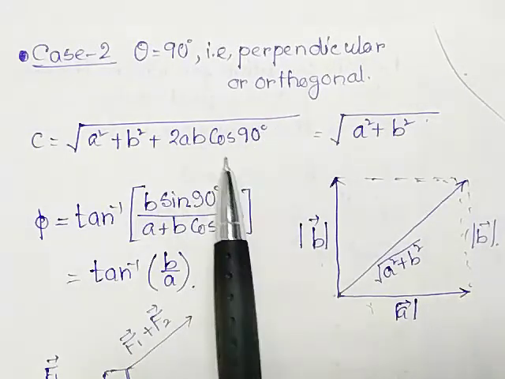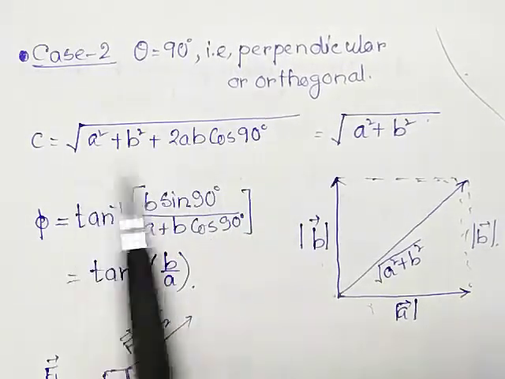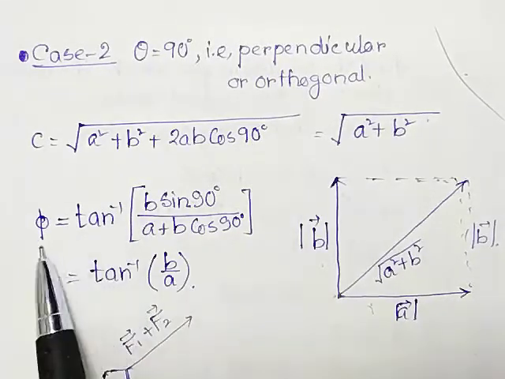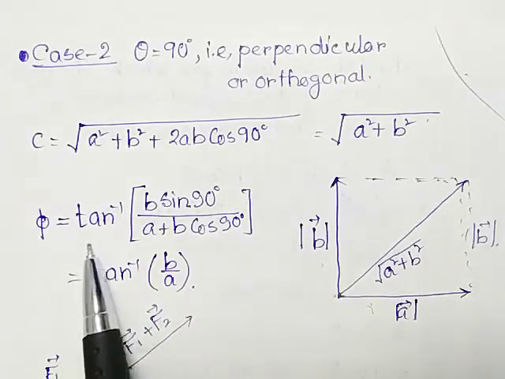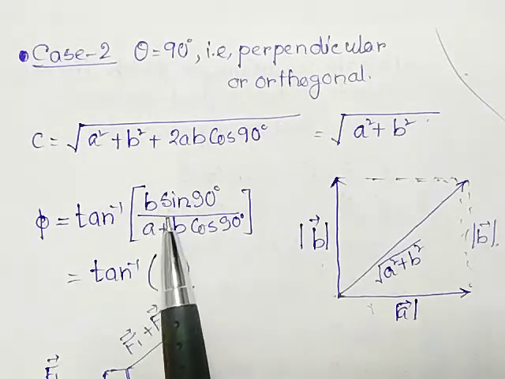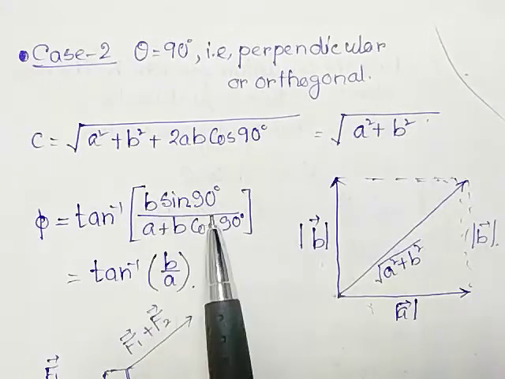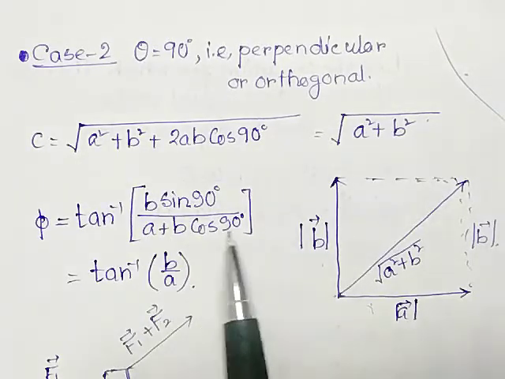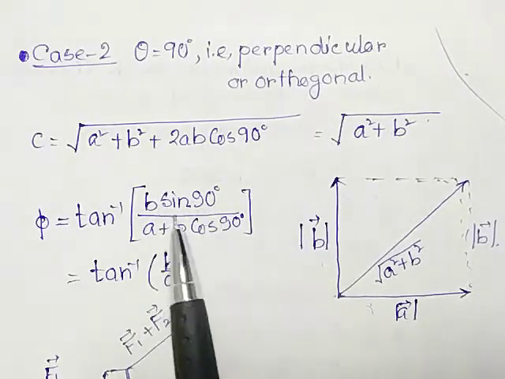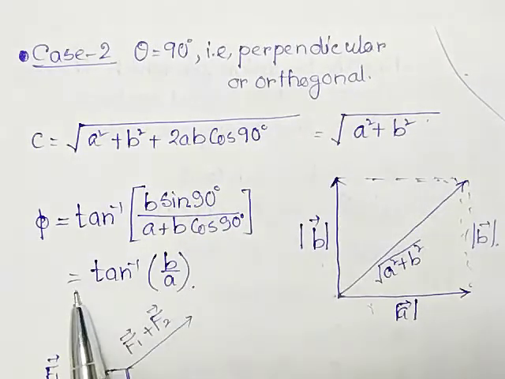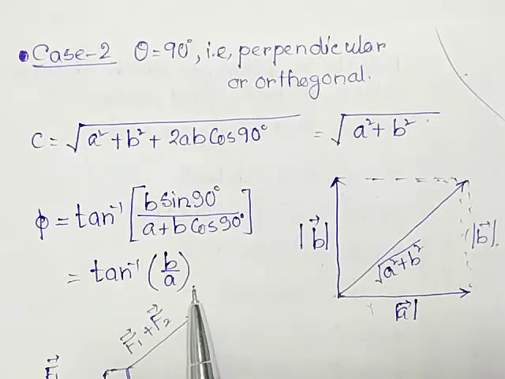The value of cos 90 degree is 0, so c equals root over of a square plus b square. The formula of the angle is phi equal to tan inverse b sin theta divided by a plus b cos theta. If I replace theta here, we get b sin 90 degree over a plus b cos 90 degree. The value of sin 90 degree is 1 and cos 90 degree is 0. So it will be tan inverse b by a.